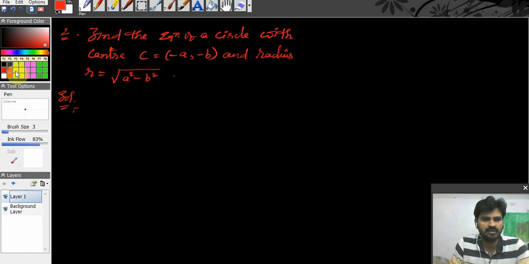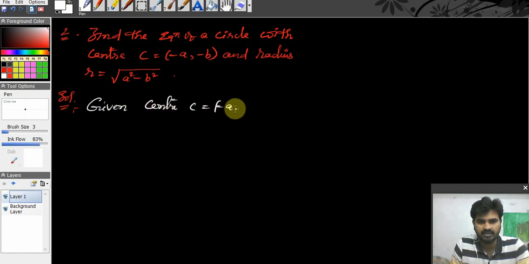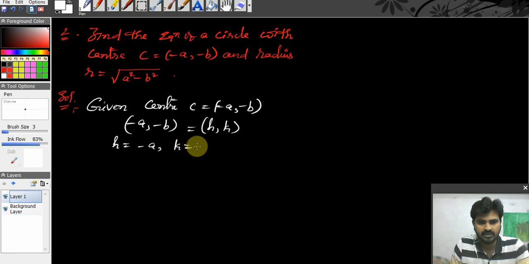So the given center c is equal to minus a comma minus b. Now the center terms are taken as h comma k. So comparing, h is equal to minus a, k is equal to minus b.